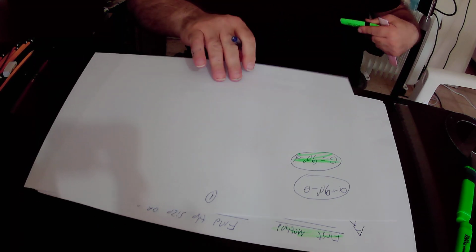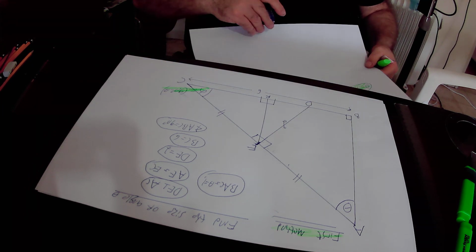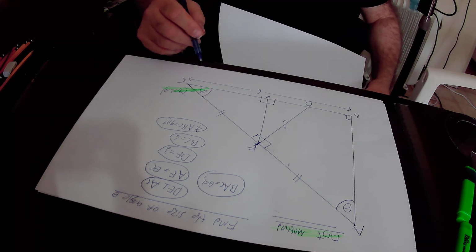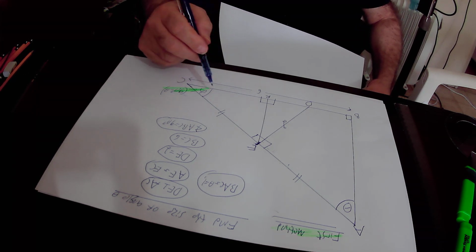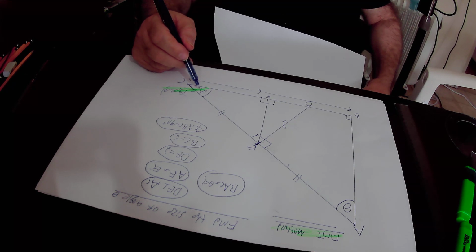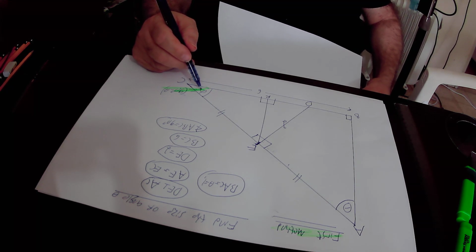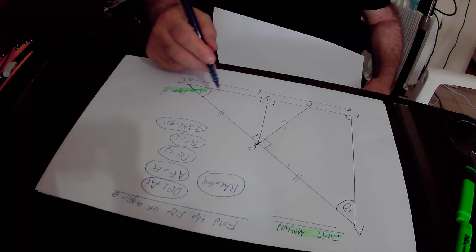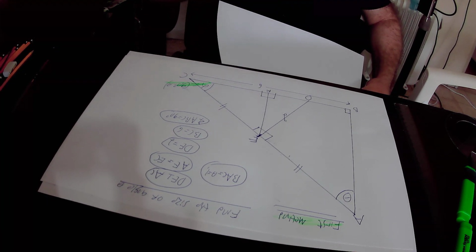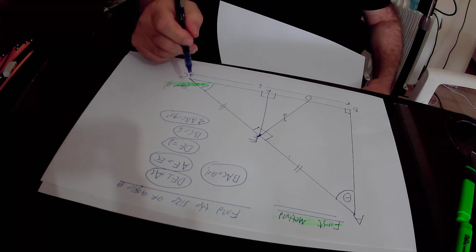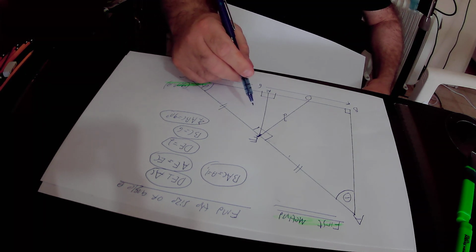So here in the right triangle FEC, this angle equals alpha. So this angle must be equal to 90 degrees minus alpha.